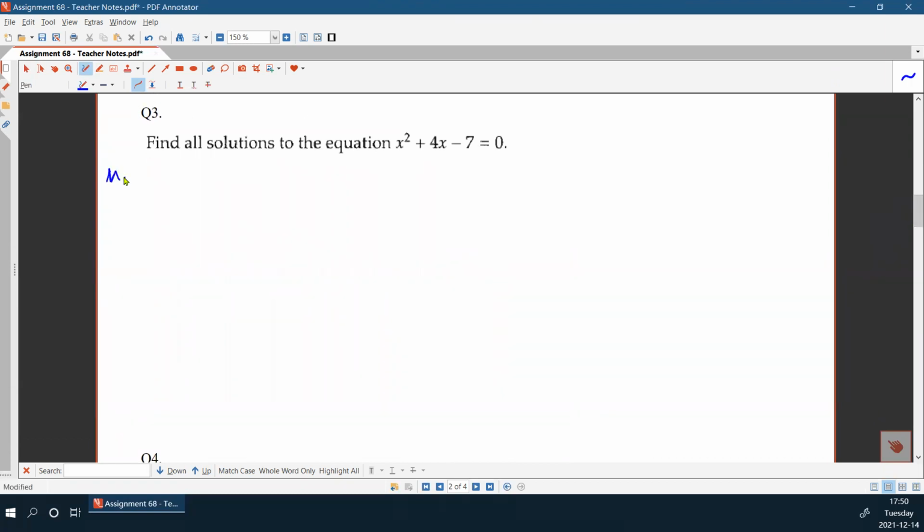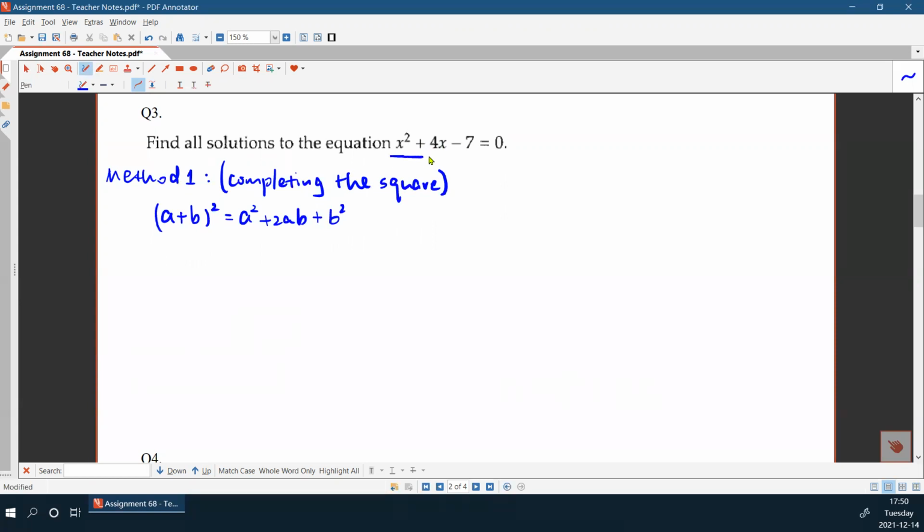So method 1 is called completing the square. So remember that we can use the formula a plus b squared equals a squared plus 2ab plus b squared, right?